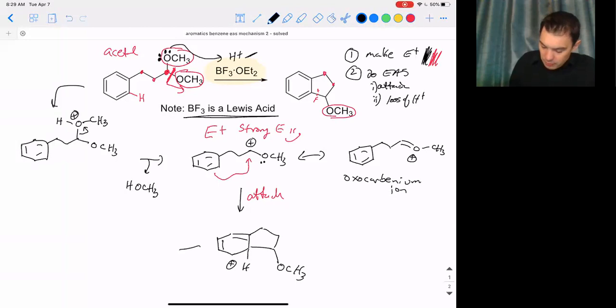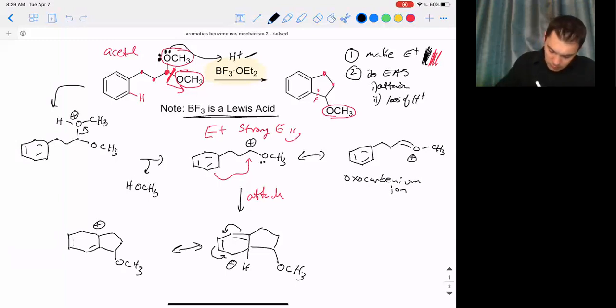Of course, this has a number of resonance structures, and so we can put it in the most stable resonance form by putting that charge on the tertiary carbon. Like so. And overall, that's going to be A-OK. And now all we have to do is complete the EAS mechanism by loss of H+. And so that'll get us back to where we started.